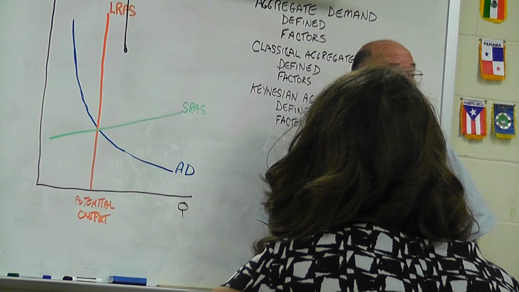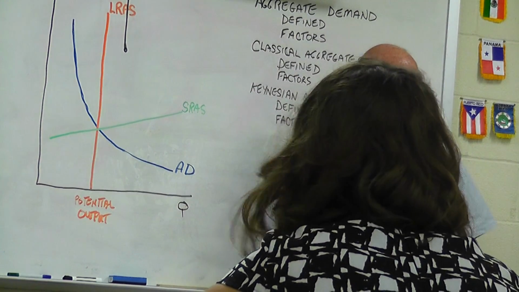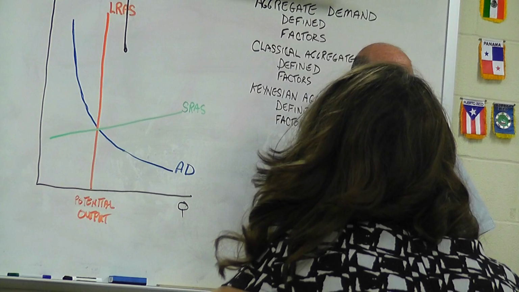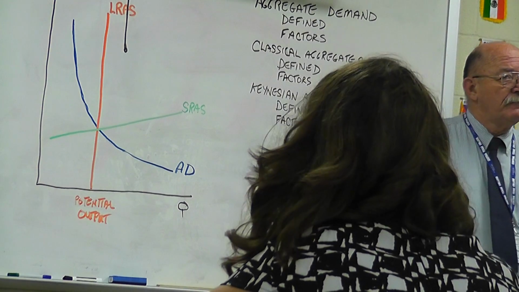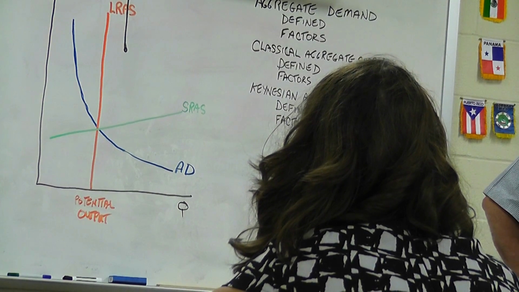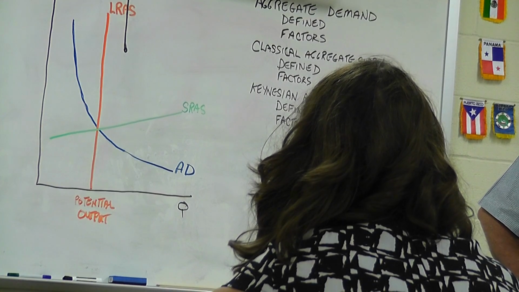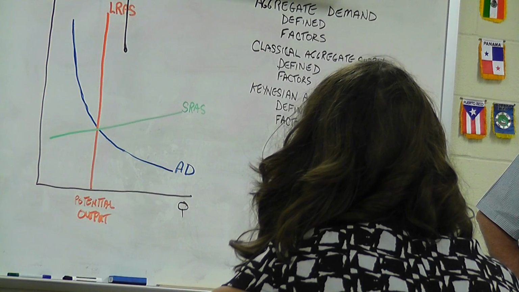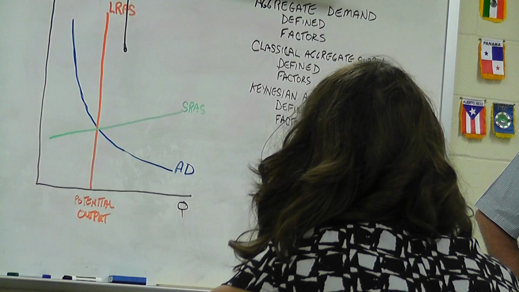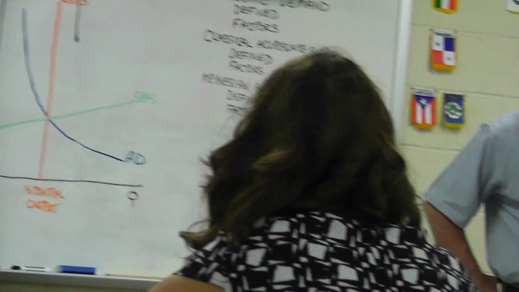So, in comparison to the aggregate demand curve and the supply curve, the prices and the quantity sort of dictate one another. With the classical, the prices don't fluctuate as a variable of the quantity.